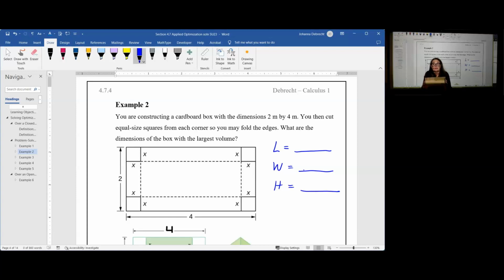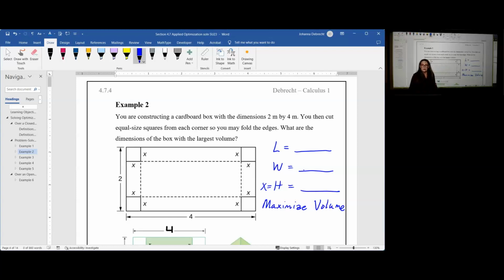My height must be X, the size of the square I cut from each corner. I want to optimize volume by making it as large as possible. So my objective is to maximize the volume.